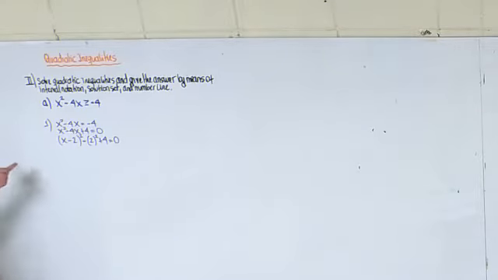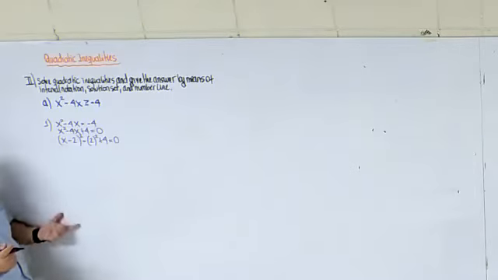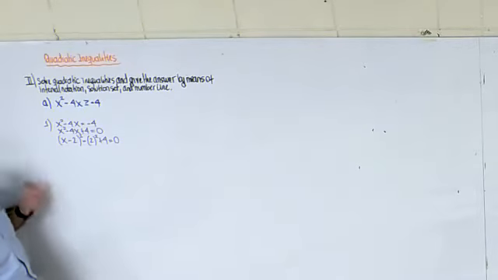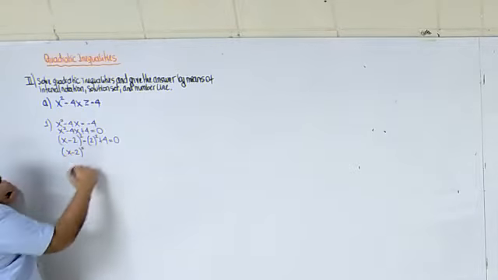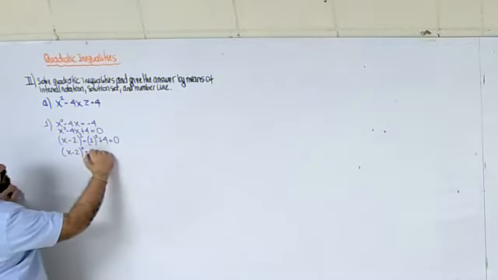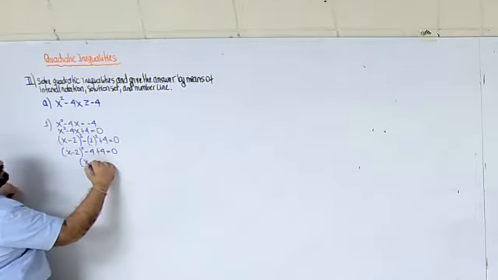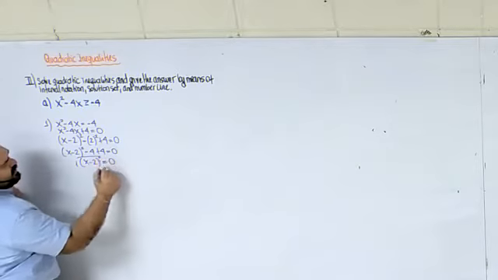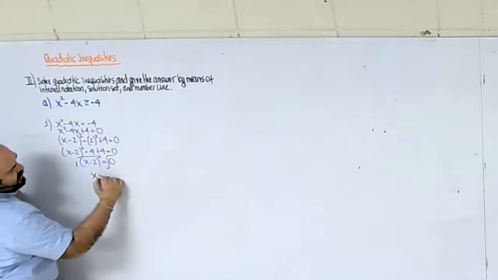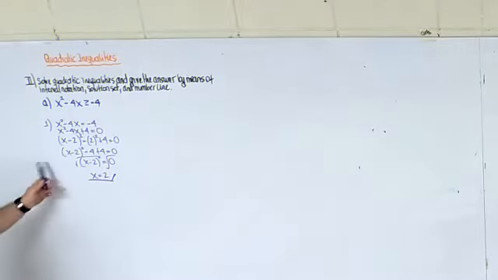I'm just using the completing the square technique to practice it. But if you really want to use the trial and error technique, don't worry, at the end it will be the same. So (x minus 2) squared minus 4 plus 4 equals 0. So (x minus 2) squared equals 0. We can take the square root on both sides. We can conclude x equals 2.